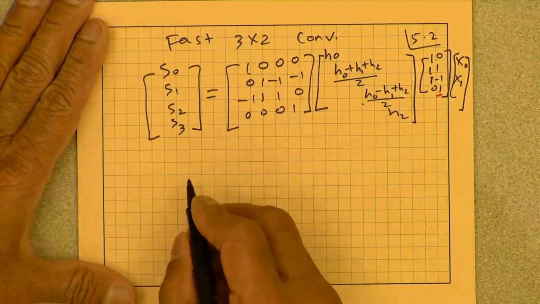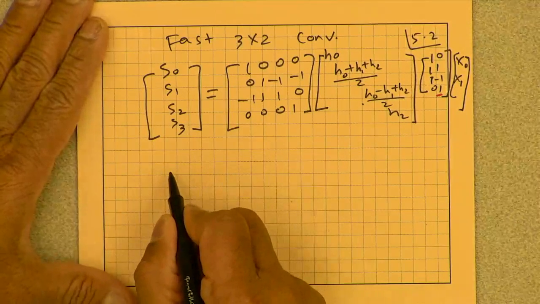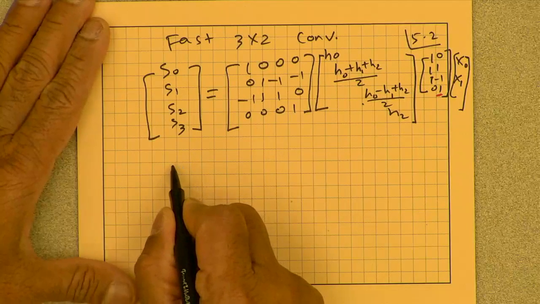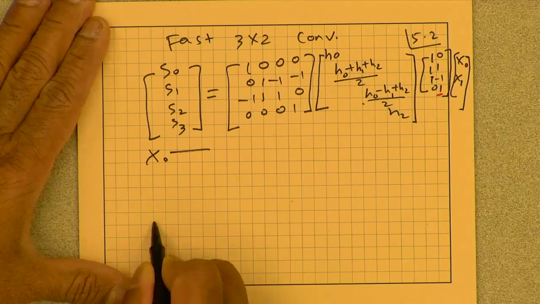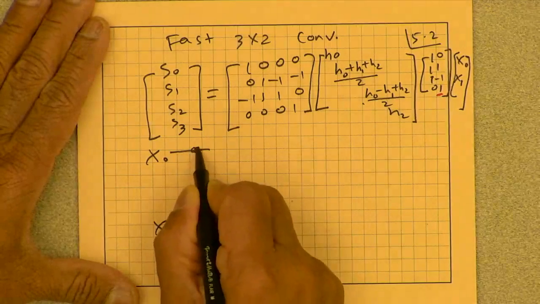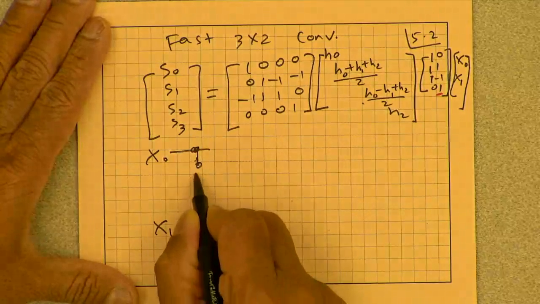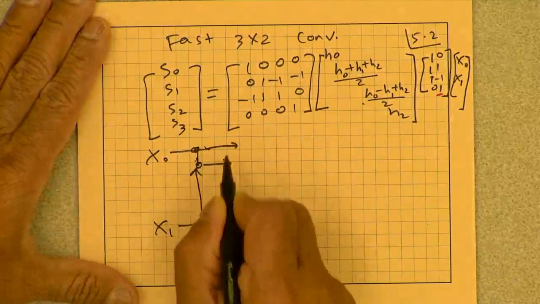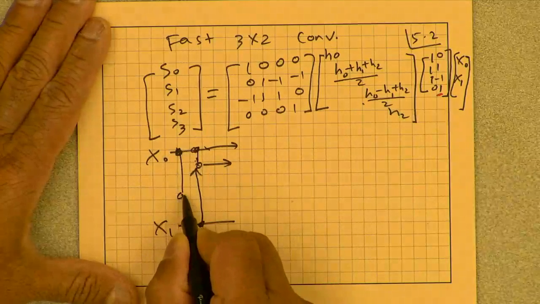Once again, if I draw this as a signal flow graph, we have x0 and x1, and then we compute x0 plus x1, and finally x0 minus x1.